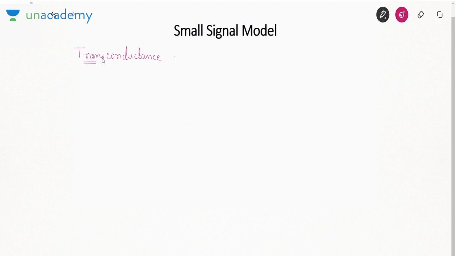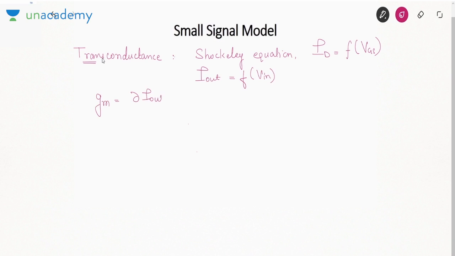Now we have seen by means of Shockley equation that the drain current is a function of the gate to source voltage, or you can say that the output current of JFET is a function of input voltage. So what is this transconductance? It is the ratio of change in output current with respect to change in input voltage, which in our case will be del ID by del VGS.